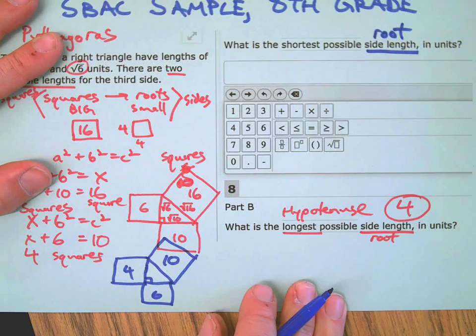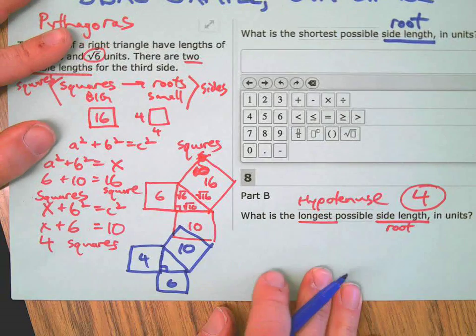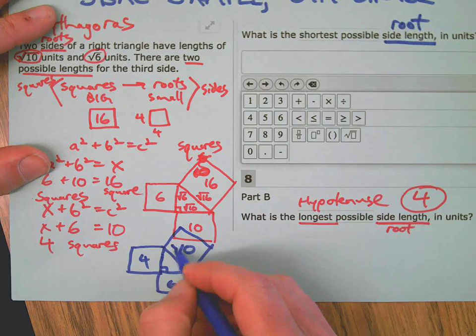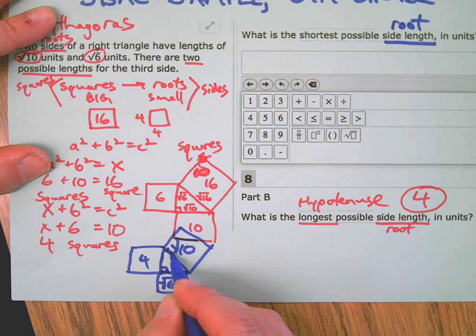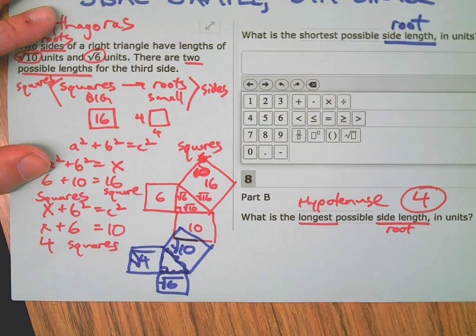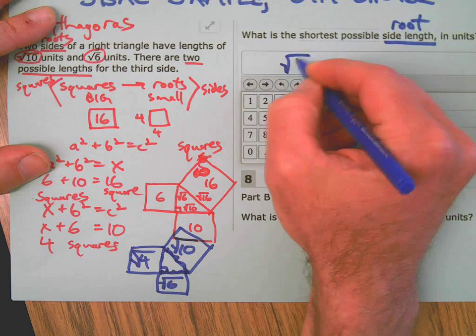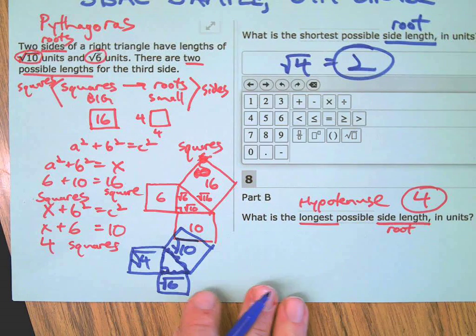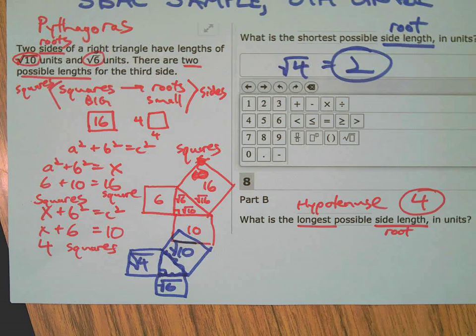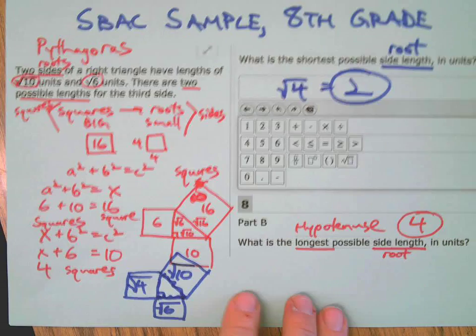It's asking for the root, not the square. So, we've got square root of 10, square root of 6 for the sides here, right? So we'd also have square root of 4, which is 2, right? That's it. So easy if you remember the difference between squares and roots.